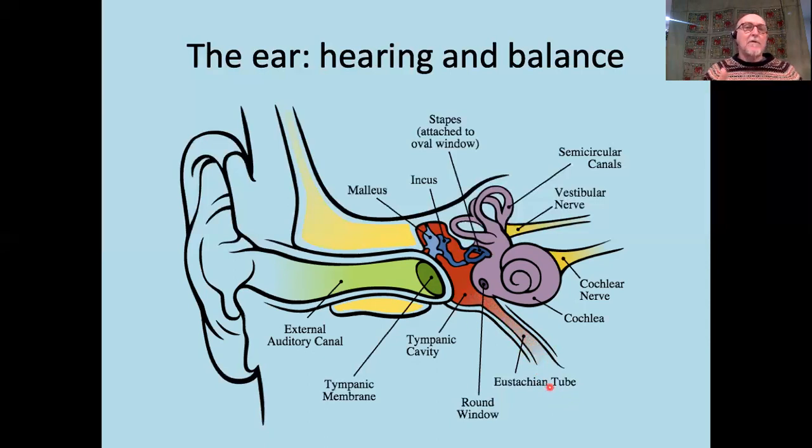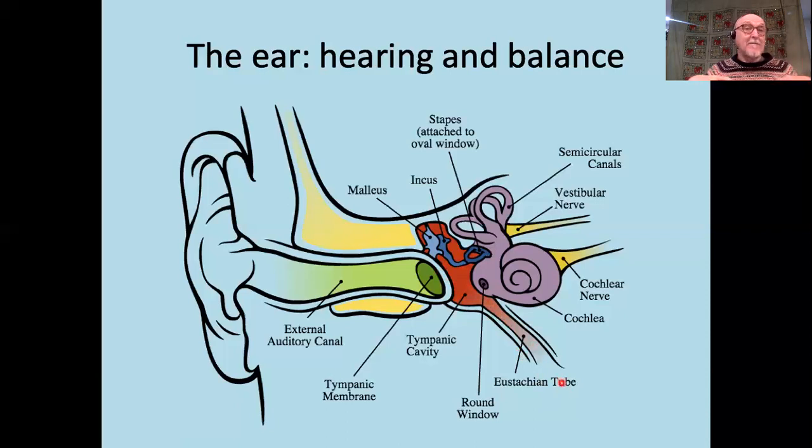So, for example, you go up in an airplane. As you go up, the atmospheric pressure around you drops, but you maintain a high pressure inside the middle ear, and you compensate by swallowing or clearing your ears to equalize the pressure.